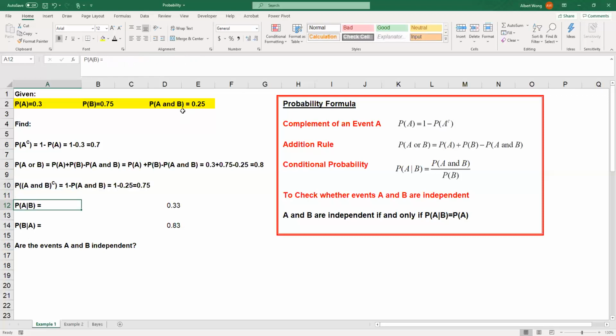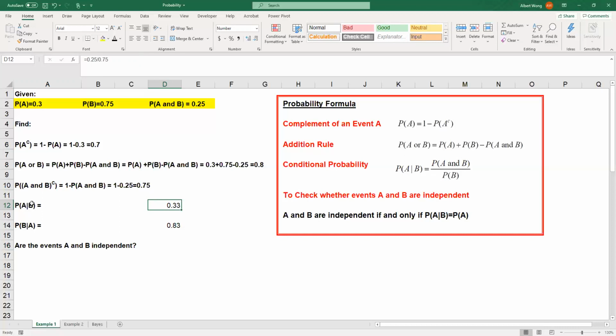Now, the next two are about the calculation of the conditional probability. To do that, we have this formula. The probability of A given B: if we know the event B, what's the probability of A? This probability is equal to the probability of A and B divided by the probability of B. So whatever is given as the event, its probability will show up in the denominator in the formula.